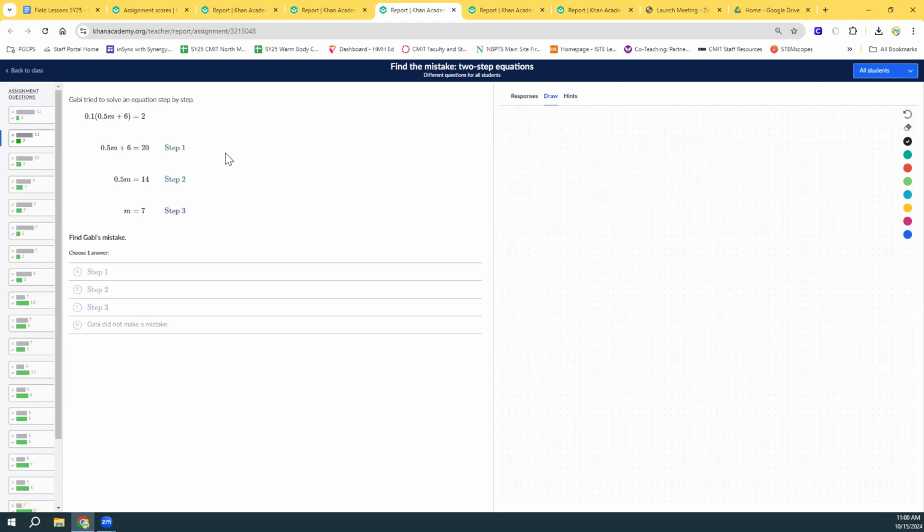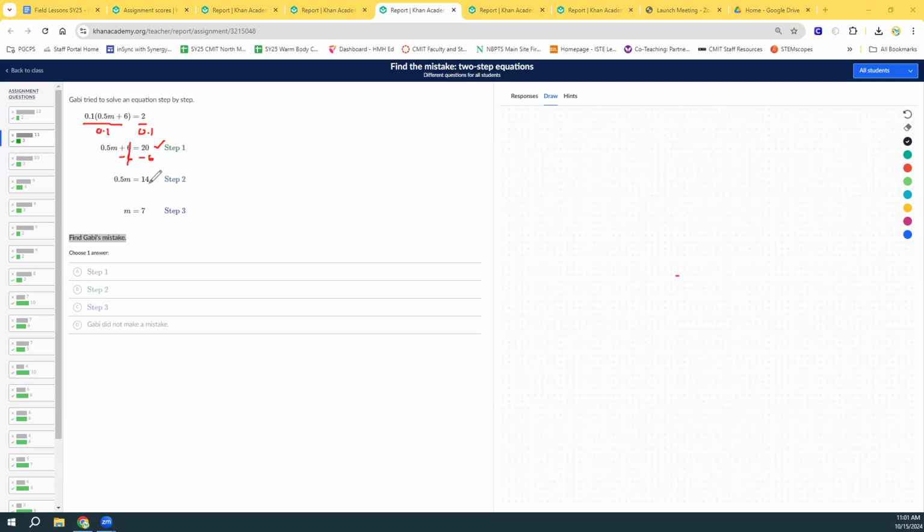Gabby tried to solve an equation step by step. Did she do it? We will see. So she looks like she did the method 2. Okay, so Gabby looks like she divided both sides by 0.1 because I know 2 divided by 0.1 is 20. So that works out. Then it looks like she subtracted.